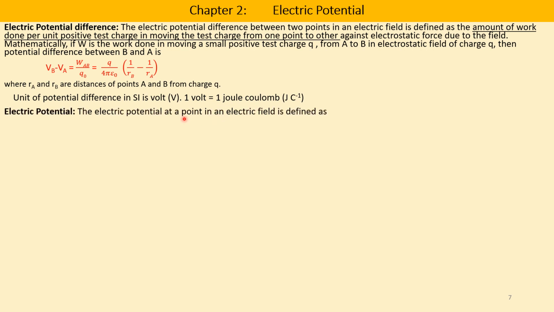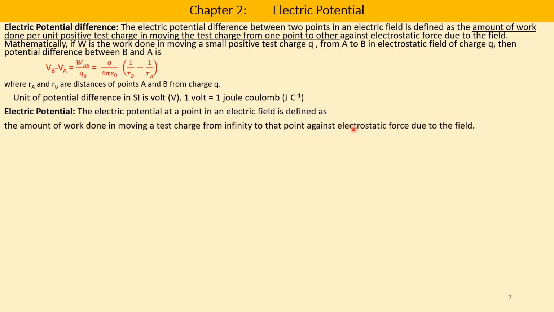Now there is another parameter called electric potential. The electric potential at a point in an electric field is defined as the amount of work done in moving the test charge from infinity. Please underline the word infinity. To that point charge against electrostatic force due to the field.